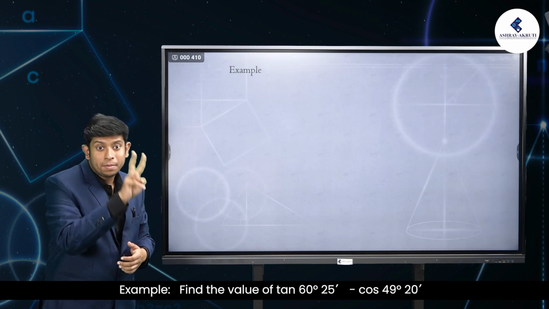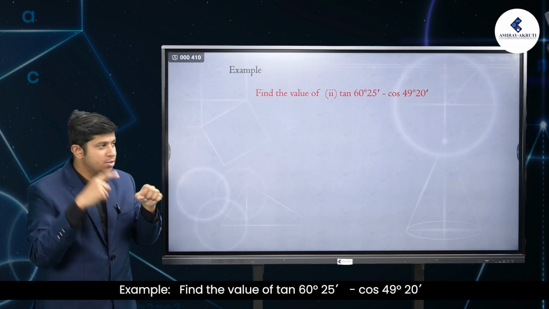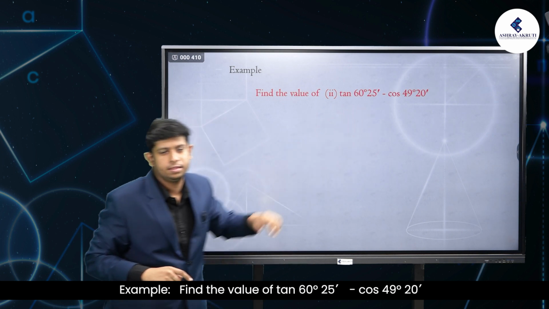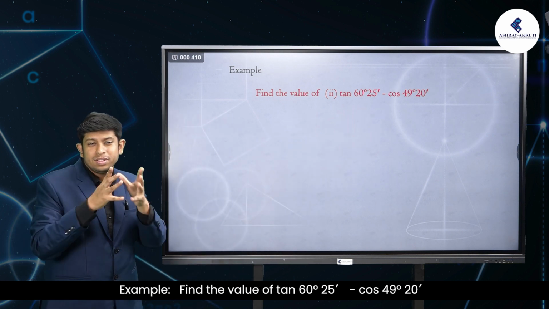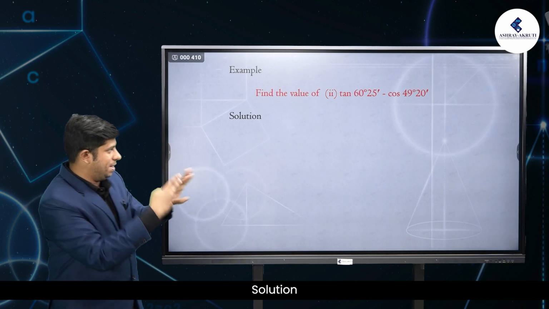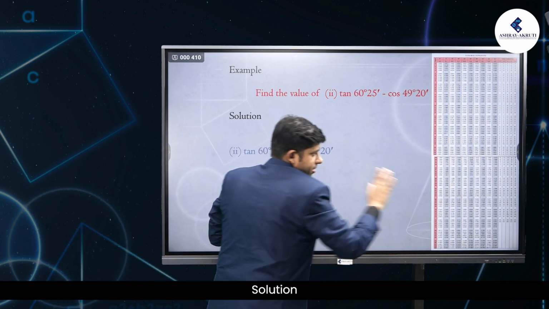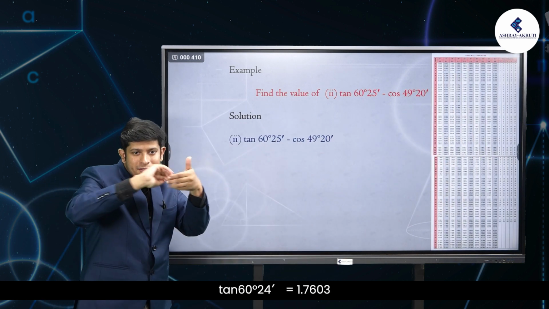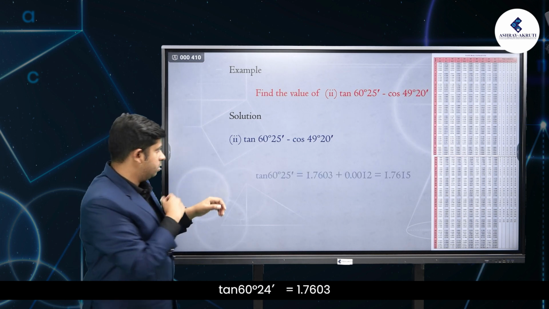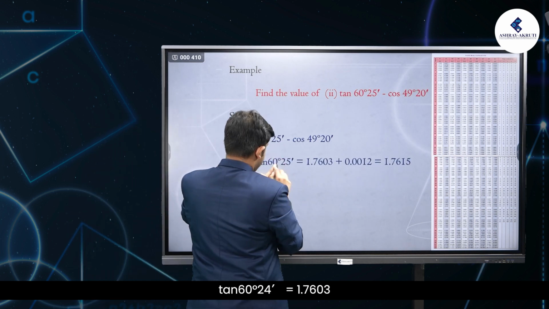Example. Find the value of tan 60 degrees 25 minutes minus cos 49 degrees 20 minutes. Solution. From the tan table, tan 60 degrees 24 minutes is equal to 1.7603.